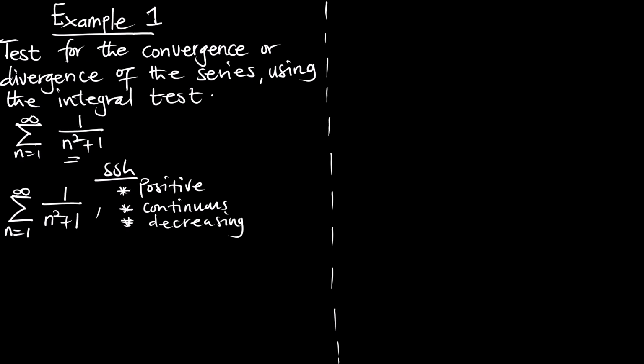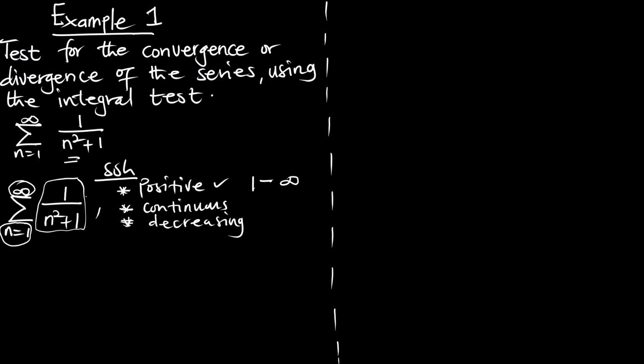All right. So the positive we are going to test first. Looking at this expression, from the interval chosen, n equal to 1 to infinity, if I put any value from 1 to infinity into this expression, it is always going to come out as a positive value, right?